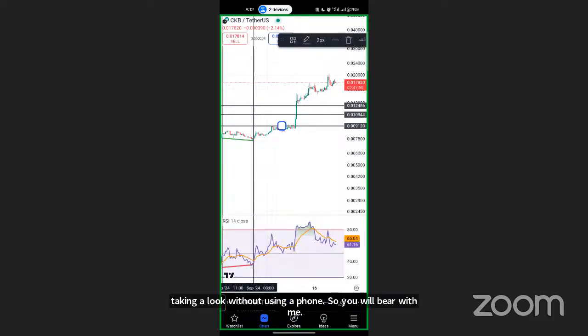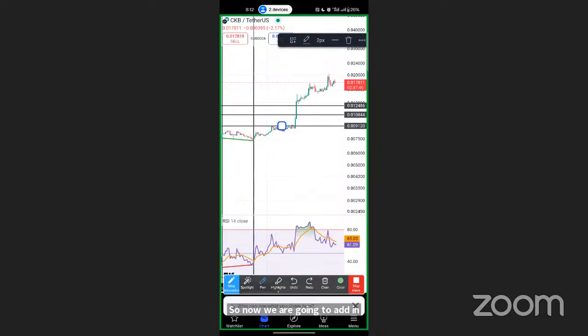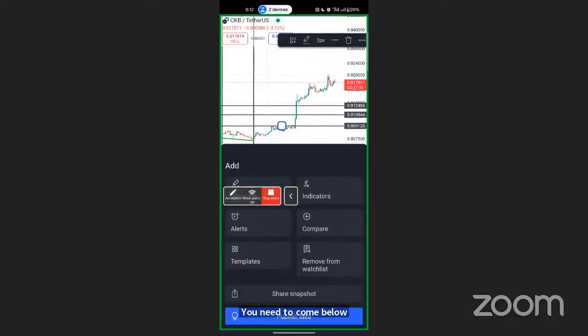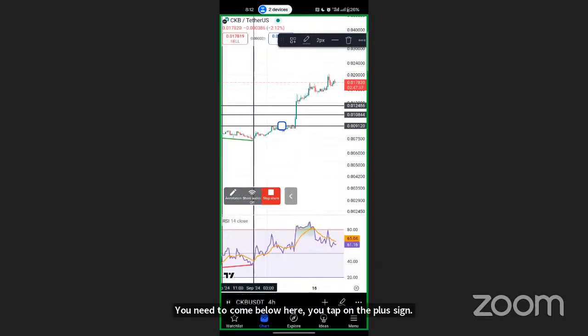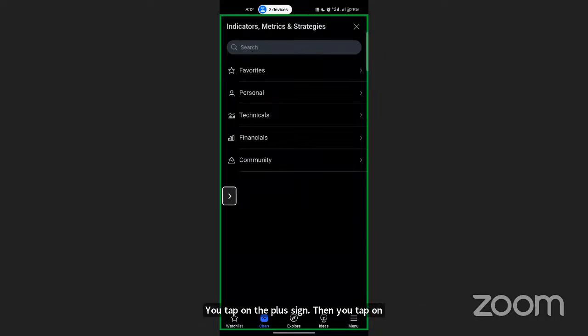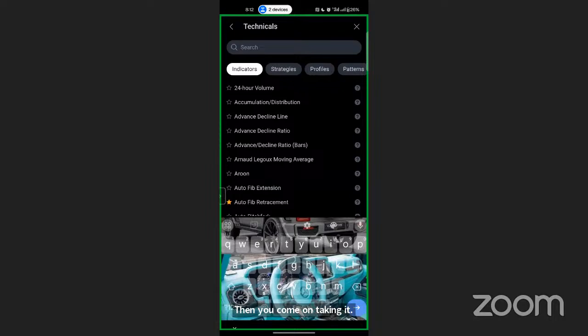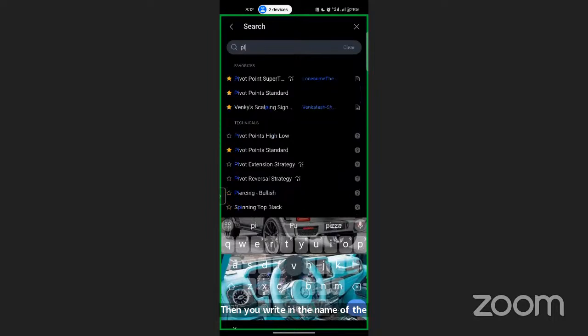So now we are going to add indicators. To add an indicator on your phone, you need to come below here. You tap on the plus sign, then you tap on FX indicators. Then you come on technical. Then you write in the name of the indicator. So today we are looking at pivot points.